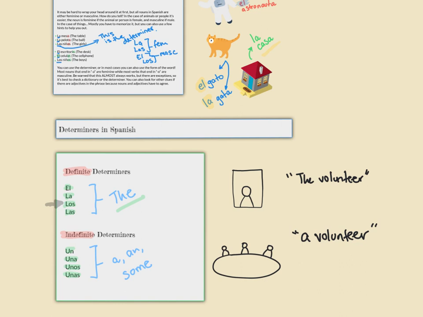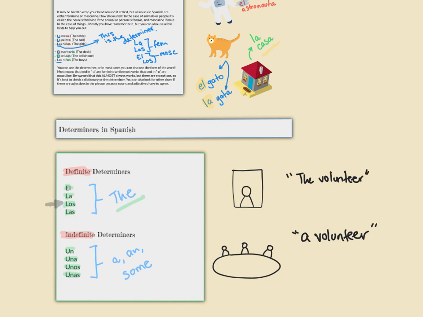If I say los estudiantes, I could be referring to a group of students that are all male, so all the boys in the class, or I could be referring to the group of students in general, the entire class. So los estudiantes de la clase, and that could include girls in there. So you might need to use other clues within the context of the sentence to determine whether it's a feminine or masculine noun. That makes more sense.